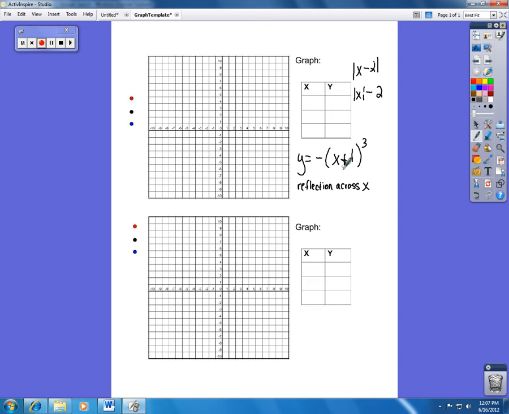So since this is positive, our graph is going to get shifted 1 unit to the left. So we've got a shift 1 unit to the left.